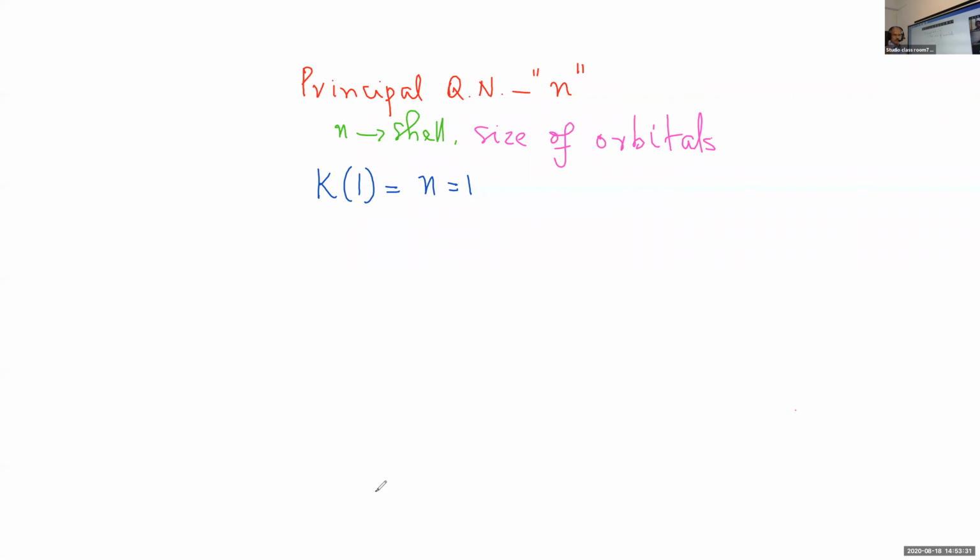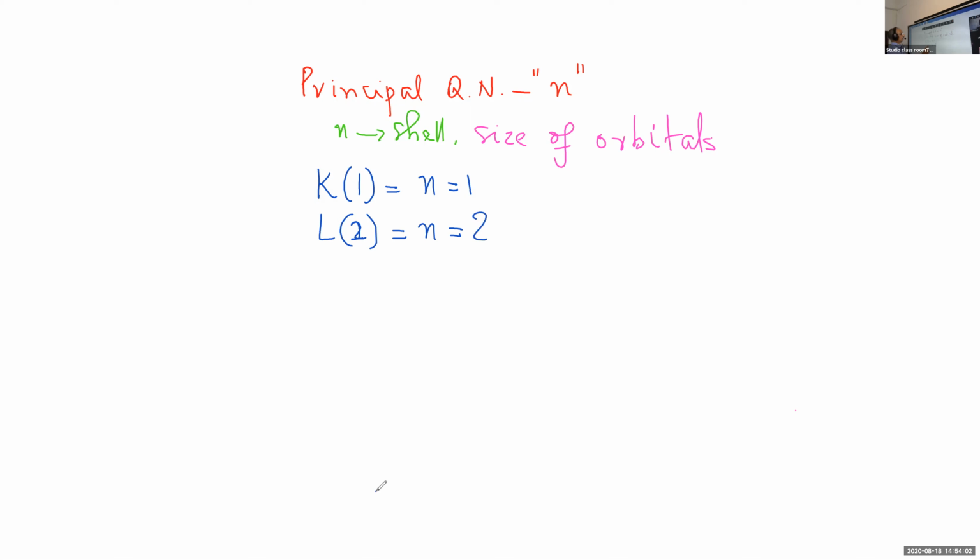Principal quantum number is the number of the shell, and so it represents the shell or the orbit. So the principal quantum number of the first shell, K shell, is n equal to 1. You go to the second shell, that is L, the number of the shell is equal to 2, and therefore the principal quantum number of the L shell is 2 itself.